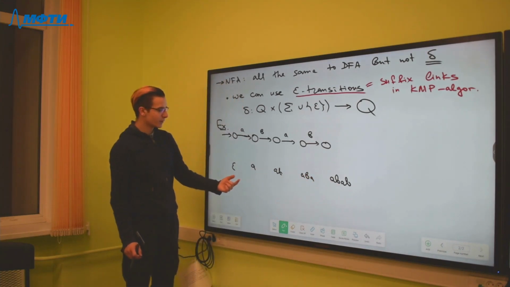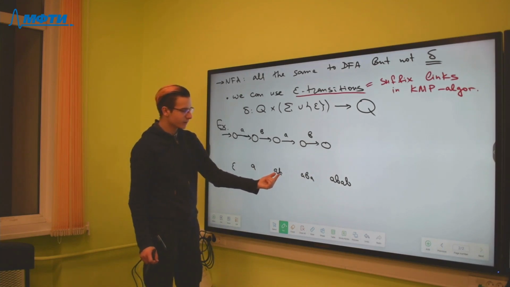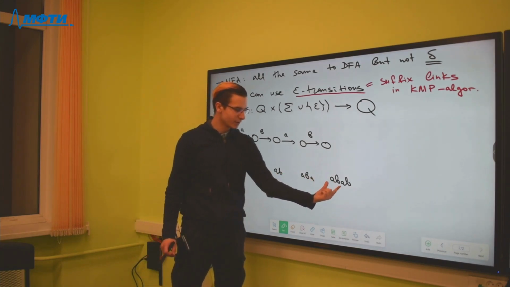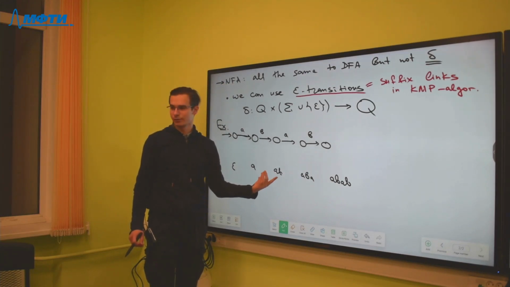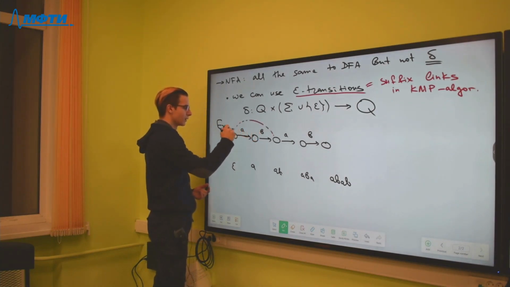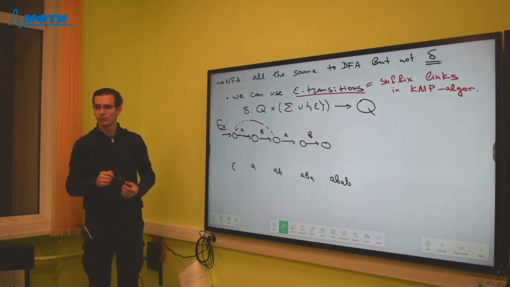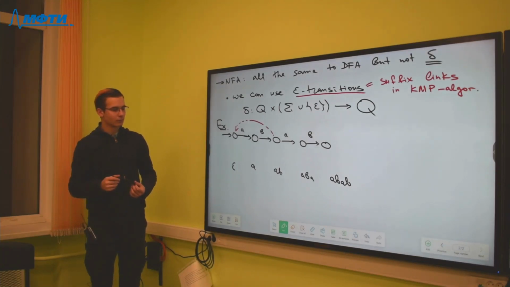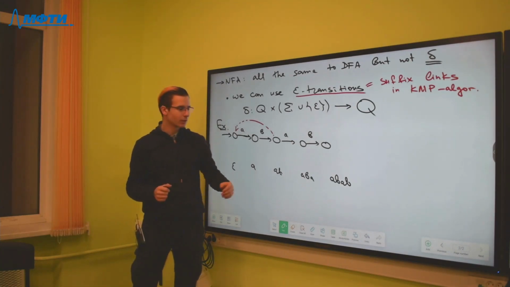So, for example, for this word, we have no suffix equal to a prefix of it, because every single one of the characters is different from each other.